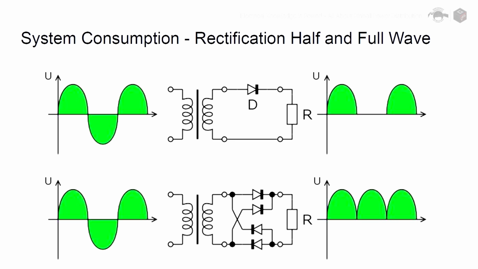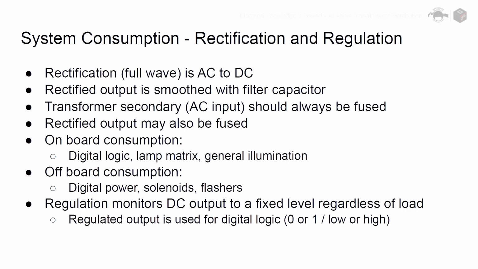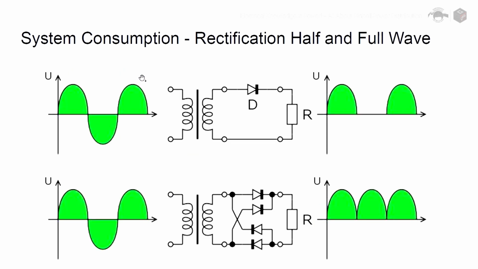The top part is half wave rectification. The negative part of the sine wave is not rectified. The positive part is. Full wave rectification, which is here, is where both parts of the sine wave are turned positive, and you get this triple pattern here rather than this kind of 1.5 type of pattern.